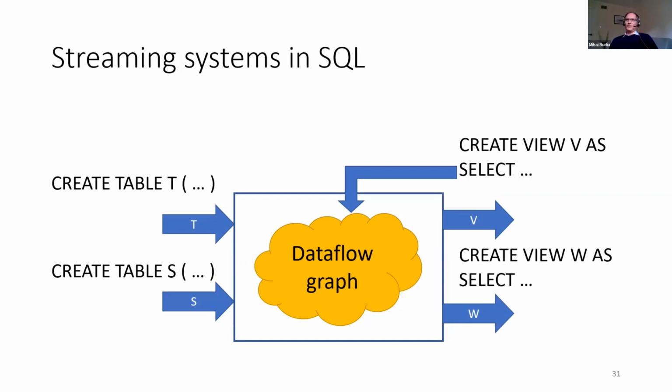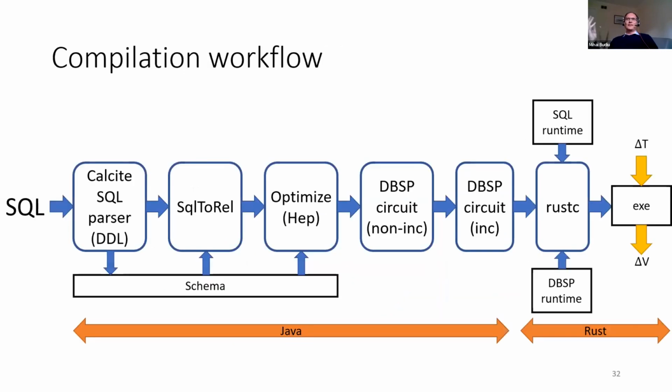It turns out you don't need to make any change to SQL at all. You just have some create table statements. Each table becomes an input. And you have some create view statements. Each view becomes an output. And the queries that define the views become the data flow graph, which is translated using the recursive rules that I've shown you in the previous picture. So that's how you get a streaming engine.